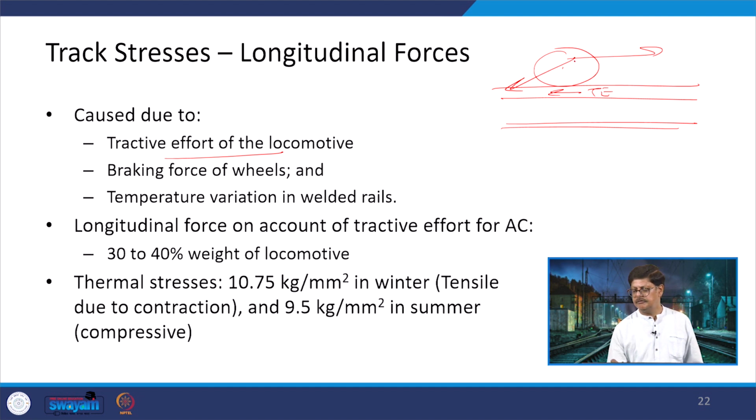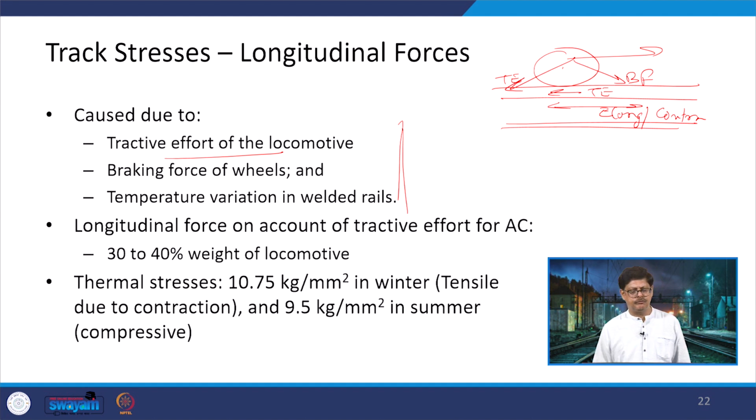So, if there is a braking force, the brake force will apply in this way. So, there is braking force and there is a tractive effort condition, or there is a temperature variation in the welded rails. So, that means the rail is going to move. So, there is an elongation or contraction which will be there on the basis of the temperature. So, these are the 3 cases because of which a longitudinal movement may take place and the longitudinal force will get induced.